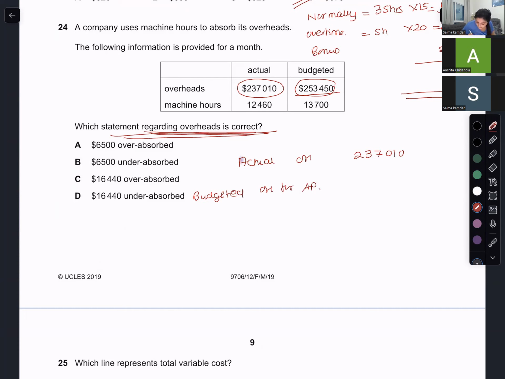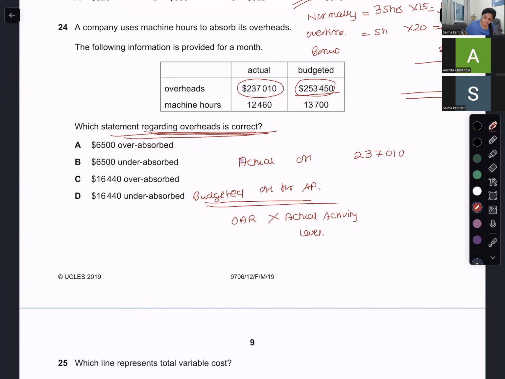How do you get this? You have to do OAR into actual activity level. Budgeted overheads for actual production, you will do OAR into actual activity level. How do you get the OAR?